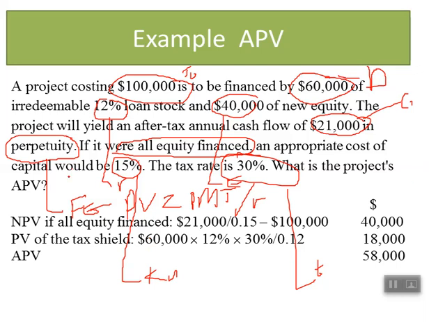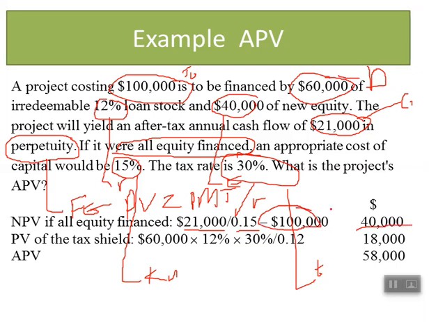Remember the first step, as we said, is to get the net present value of an ungeared business. When you are getting the net present value of an ungeared business, we said you are discounting your cash flow using the cost of an ungeared business. In this case, remember our cash flows are a perpetuity. We are getting 21 divided by our cost of an ungeared business, minus our initial investment of 100,000, then we get 40 as our net present value.